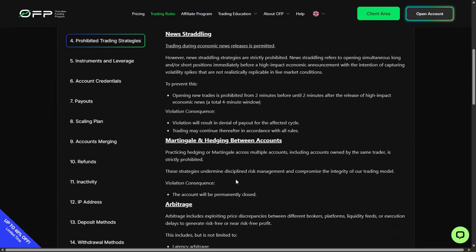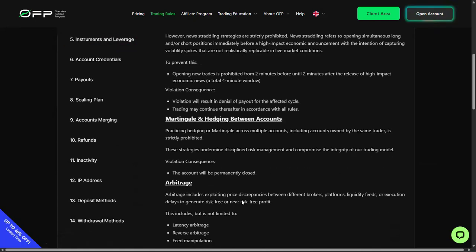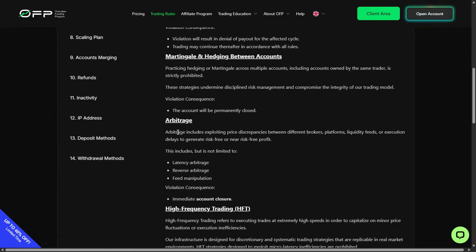That's a violation. That is not allowed, right? Because on their previous website that was written, but on this particular website everything tends to be hidden. There's a lot of hidden rules. So yeah, it's not actually allowed.